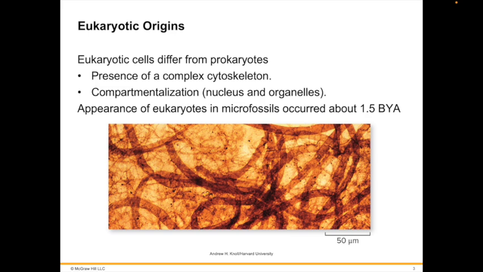These new cells are called eukaryotes, from the Greek words meaning true nucleus, because they possess an internal structure called a nucleus. All organisms are either prokaryotes, which lack a nucleus, or eukaryotes, which possess a nucleus.